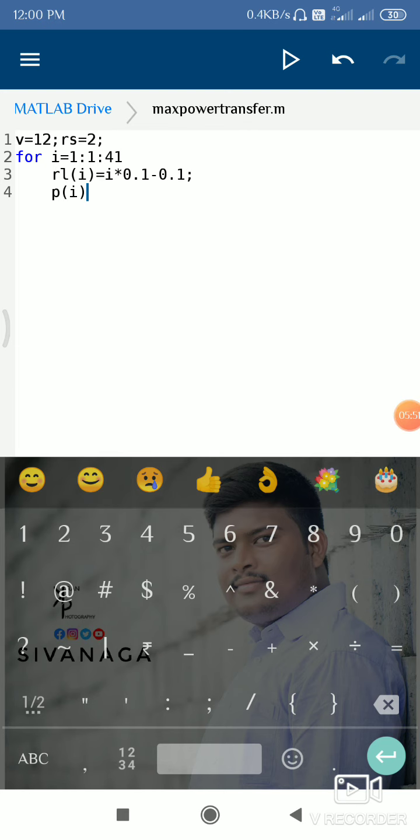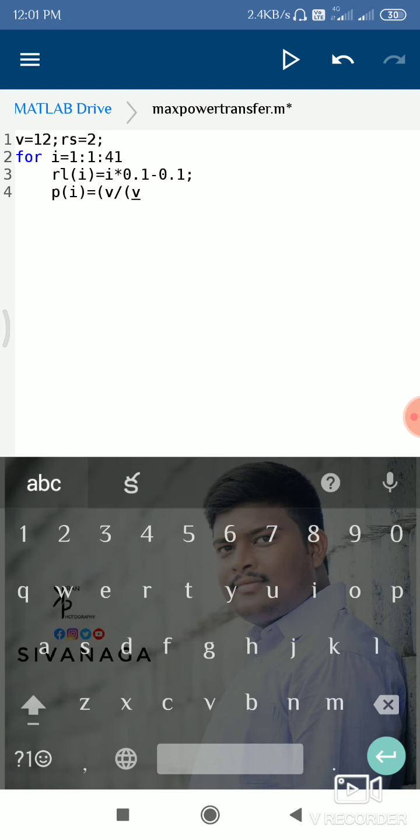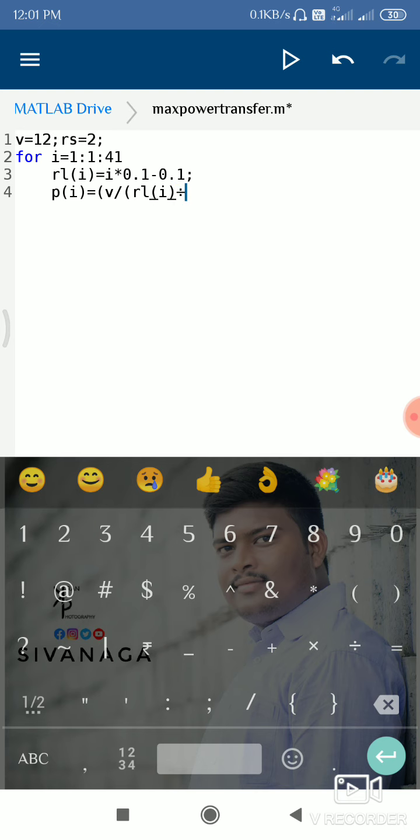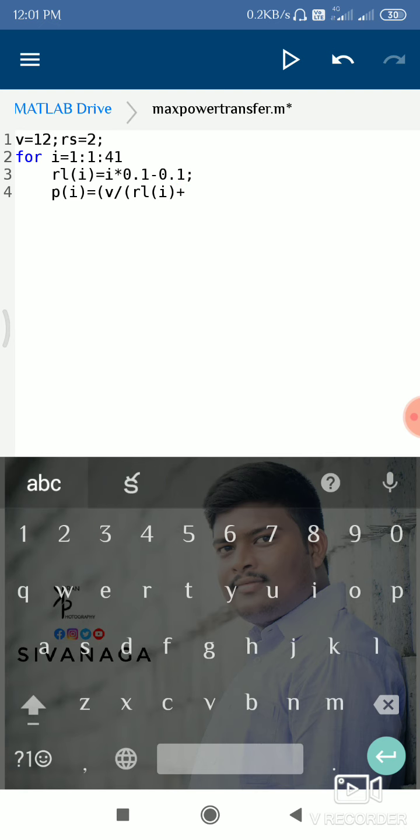For this I write P of I equal to, carefully typing this, V by bracket RL of I plus RS.